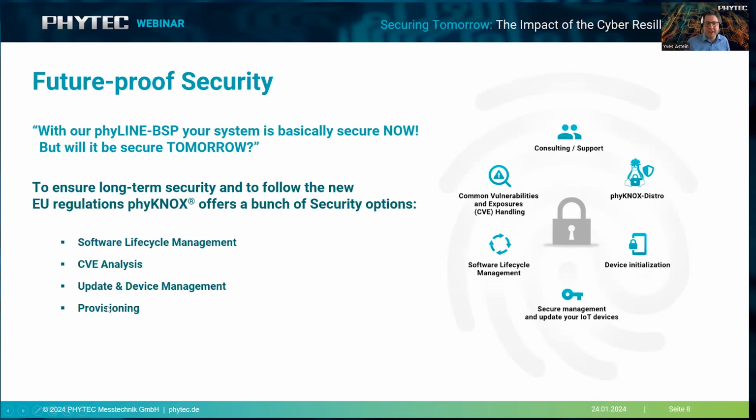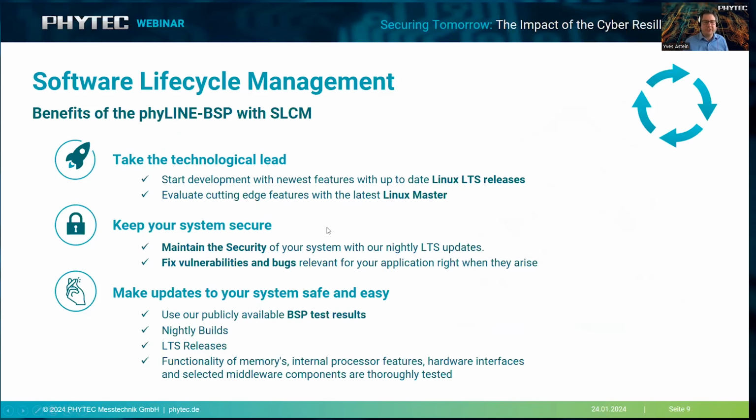And so you need provisioning, which brings you all the keys and the certificates onto your device that you need to identify your device to the server and the server to the device to make sure it's a secure connection and nobody else will try to update your device with their software. So this is all the bunch you need to have when you want continuous security and not just a snapshot for now. Snapshot for now is easy. Continuous brings a lot of additional features that you require.